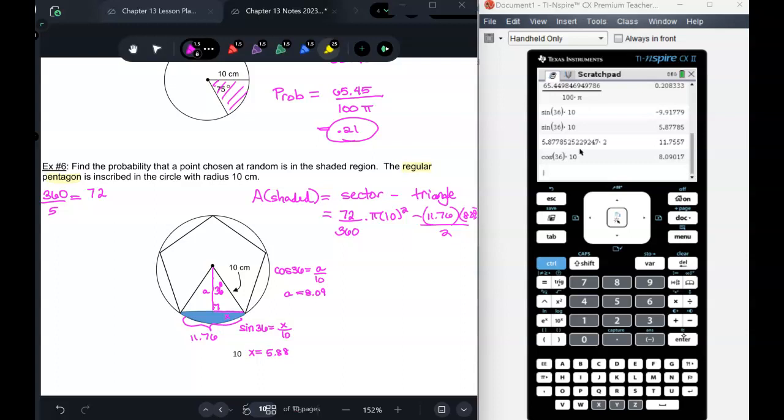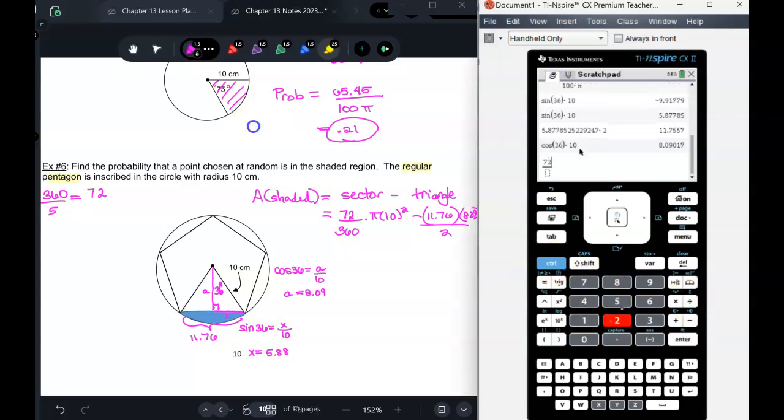Okay, so we're just going to plug this all into the calculator, and that just gives us the shaded region. Don't worry, we already did all the hard work to find everything else. So let's see. 72 over 360 times, what did you write after that? 0.76. Oopsie.